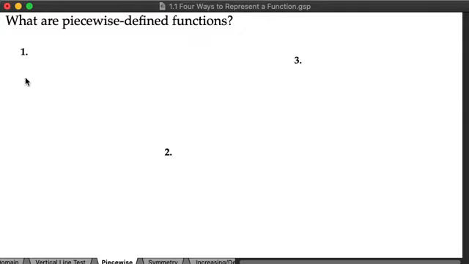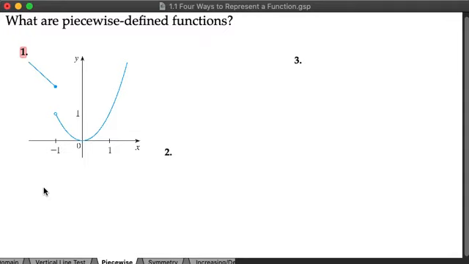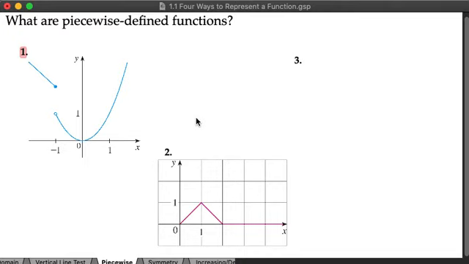All right, so here are a few piecewise defined functions. Here's one. Here's another one. So depending on how you thought about it at first, piecewise defined functions are really defined in different ways on different parts of the domain.